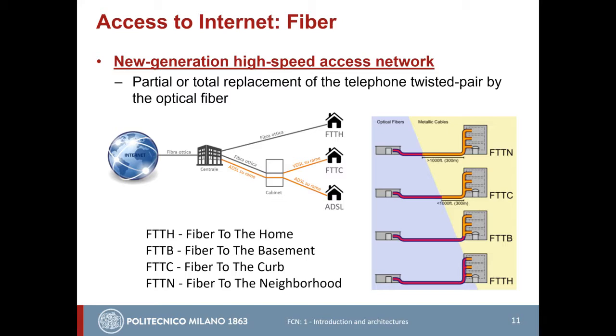Okay. It's better than ADSL, but still you have copper in the secondary part of the network. Secondary part use twisted pairs with VDSL technology that is similar to ADSL but going to higher bit rates.